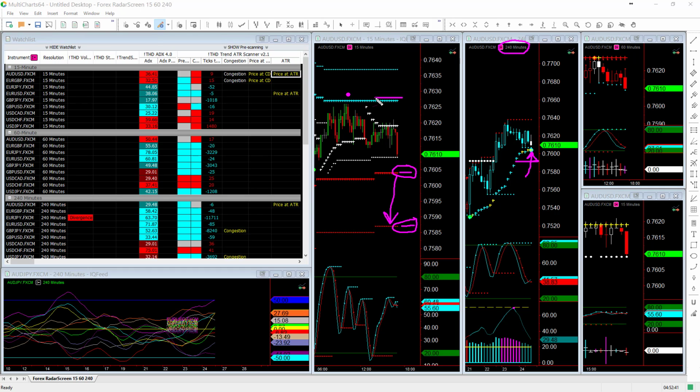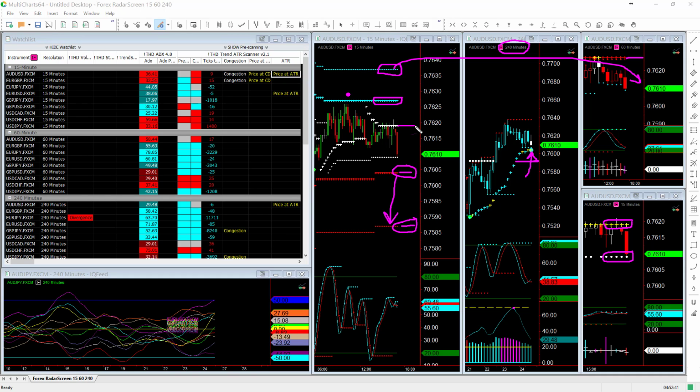Okay, the blue ATR and the blue congestion dot correspond to the 60-minute. So you can see this is the ATR on the 60-minute, but you also have a congestion dot that is above price, because both of these are based on the ATR. Then we have the white, which represents the congestion dot and the ATR from the 15-minute.